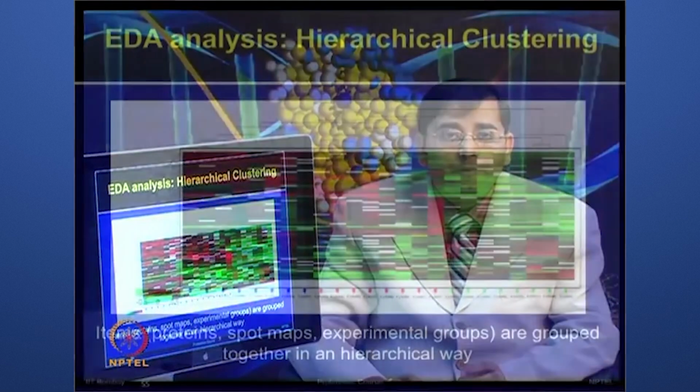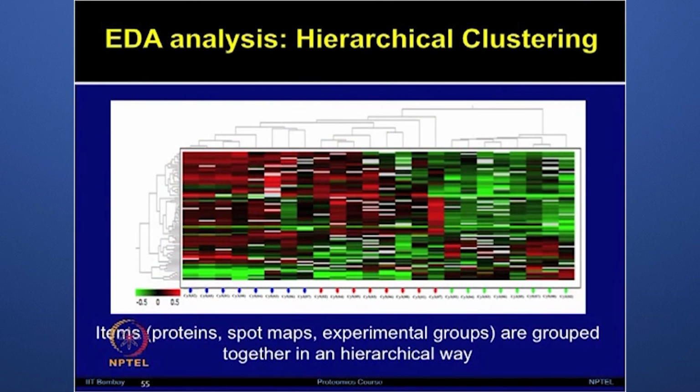For example, in this data we try to look at one control and two different types of treatment groups together. Now, on the extreme right side, all the green shades are from the healthy controls, and then there are two more populations from the patients' group which are showing many proteins in the red region.